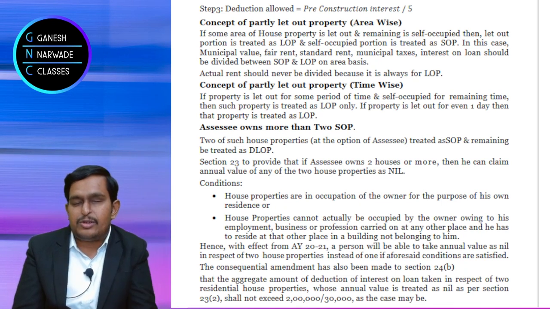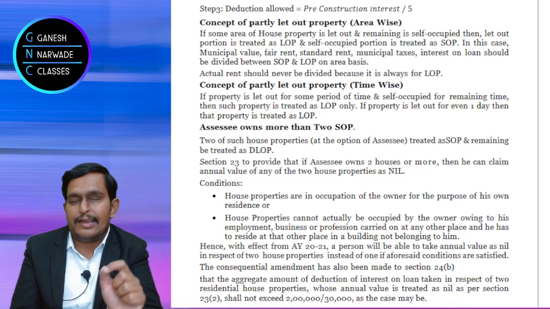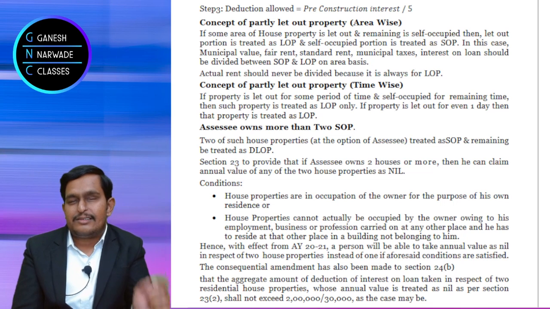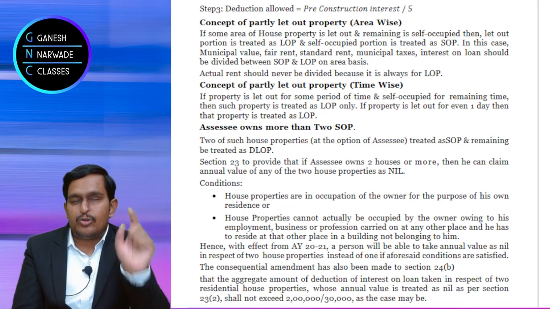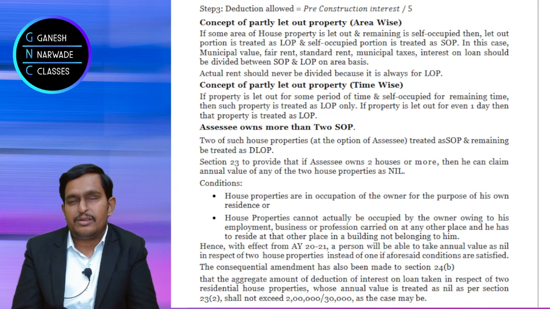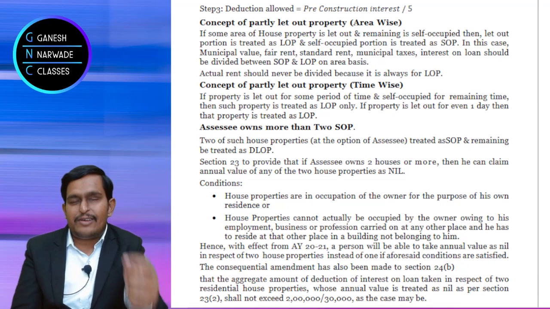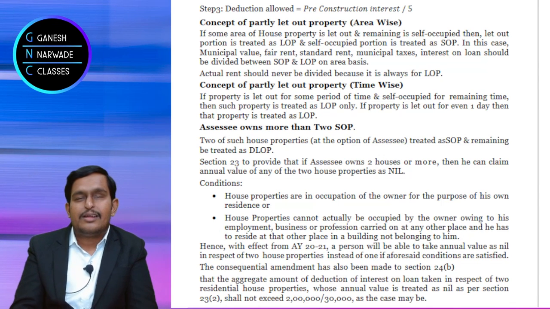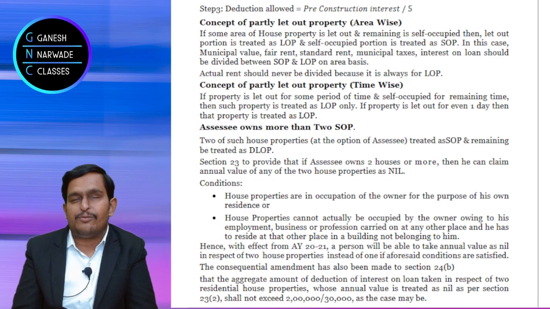House 1 as deemed to be let out, house 2 and 3 as self-occupied. Then see what is the net income from house property. Take option 3 again. House 1 self-occupied, 3 self-occupied, house 2 deemed to be let out. Now you see here how much is the net income. Wherever the net income is low, that option is best for you.